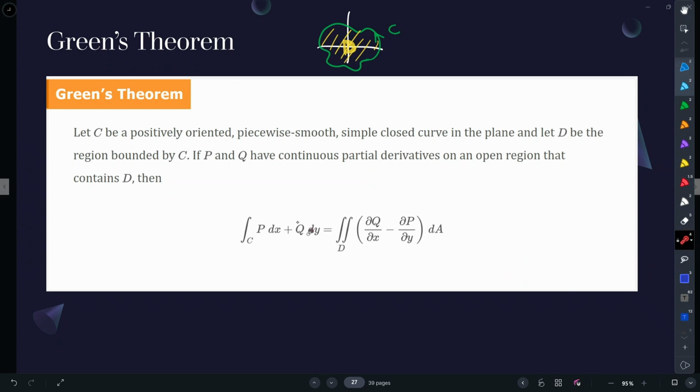Then it turns out that there is an equality of this line integral with a double integral. Now remember that this is a line integral, right?